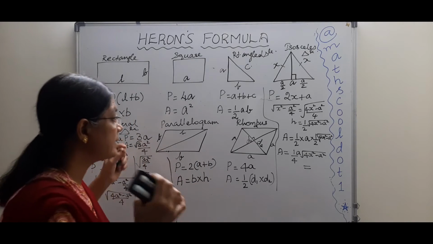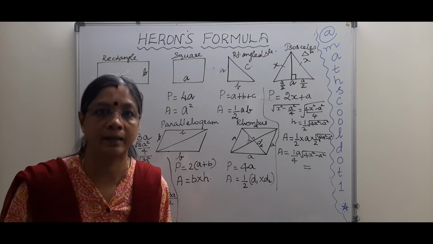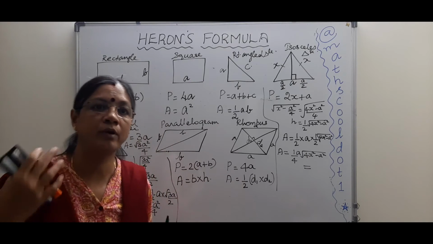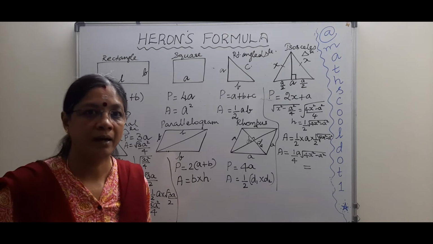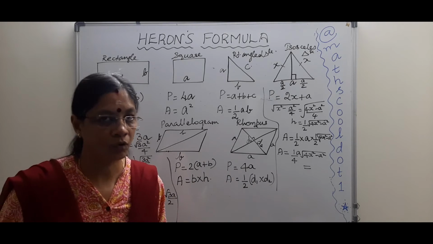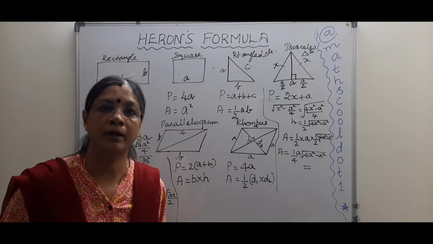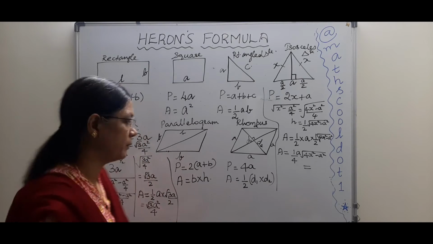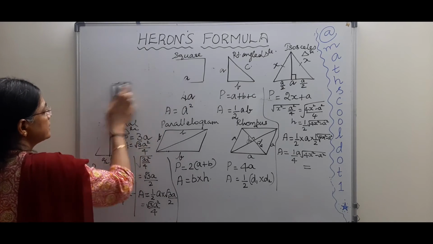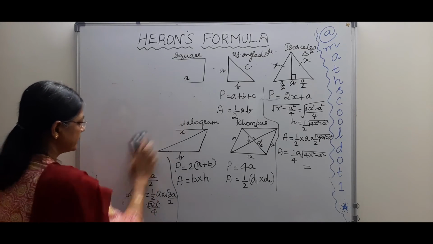You just understand how we find out the area and how we find out the perimeter, what is the concept behind it. Then we'll be able to bring out the perimeter and area even on the spot. Even if we forget, we'll be able to remember them. So this is how we find perimeter and area of all these shapes.